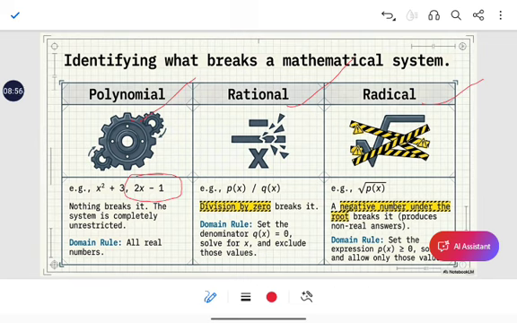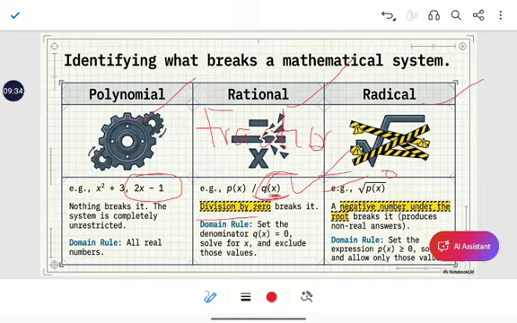Good. Then we come to rational. When we talk about rational, we talk about fractions. For example, p of x divided by q of x. If the x value you put in makes q of x equal 0, we say that the function is undefined.